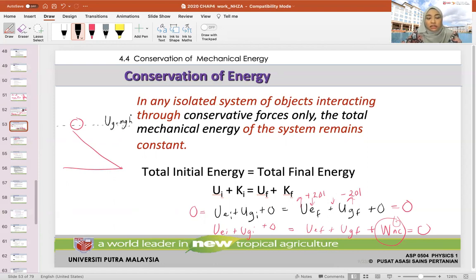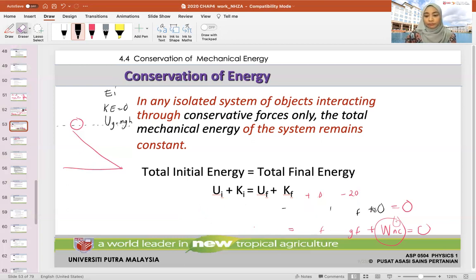This is the initial condition of this guy. What about its kinetic energy? So kinetic energy kat sini adalah equal to 0 sebab dia tak bergerak lagi, right? So this is my E initial. Okay, I think this is going to be an easier example to explain. Let's do that one.